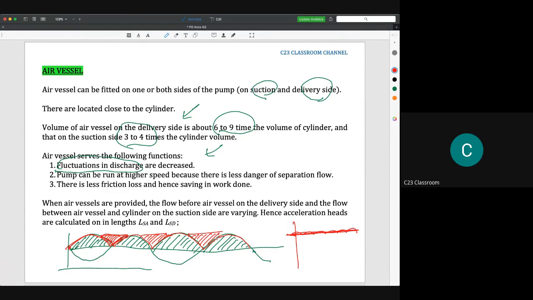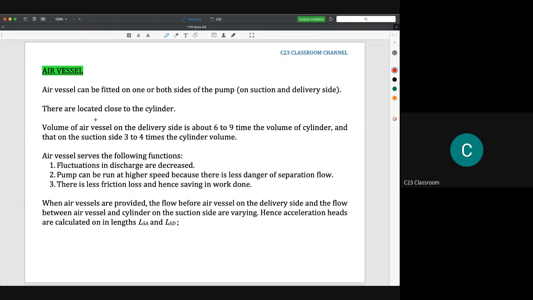It makes sure that the fluctuation at the delivery pipe will be decreased. That's why people install a bigger tank, a bigger air vessel, at the delivery pipe. And then the pump also can run at higher speed because there is less danger of separation flow.